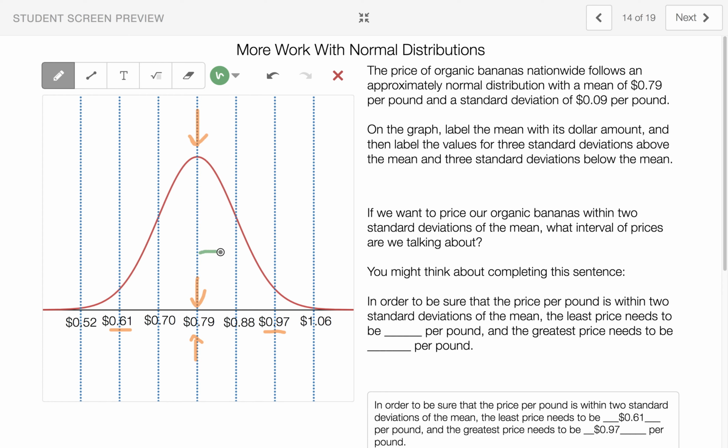The question is asking about this chunk right here, from 79 cents to 88 cents. If I made the mirror image of that chunk over here on this side, then I would be working within 1 standard deviation of the mean, which would be 68%.